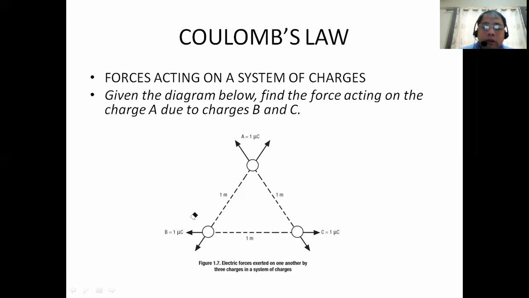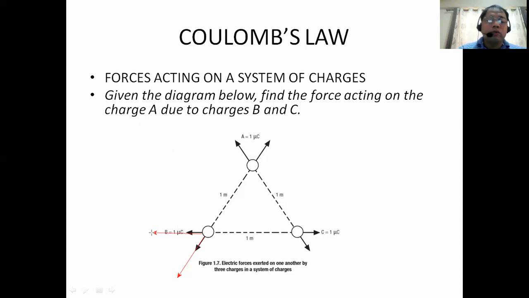If we look at the force present on charge B, then it is due to 2 forces. B will somehow move downward like this. It will be pushed downward by virtue of A, because A will repel B. So the force present on B will be downward. Now, with respect to charge C, your charge B will also move to the left.